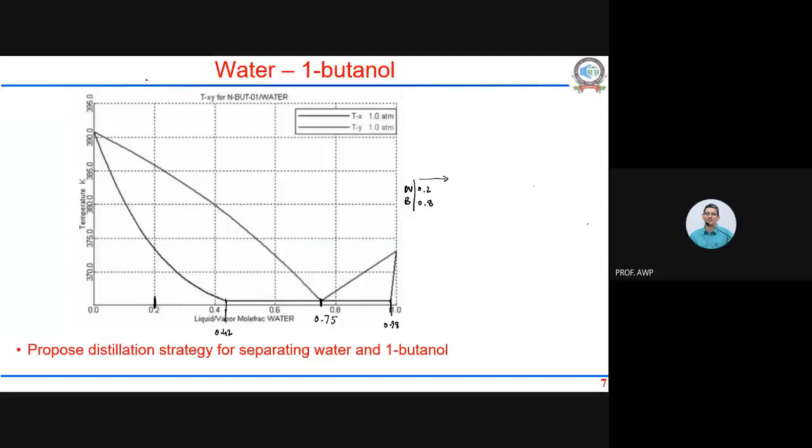So butanol and water form a heterogeneous mixture. Heterogeneous means it splits into two phases, one aqueous phase, water rich, and one organic phase, butanol rich, if the composition is anywhere between 0.42 and 0.98.